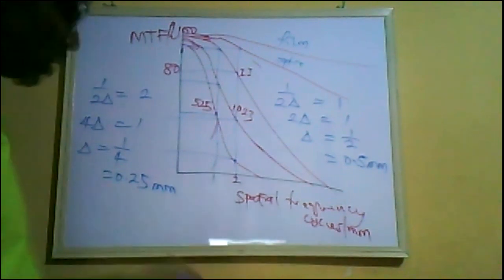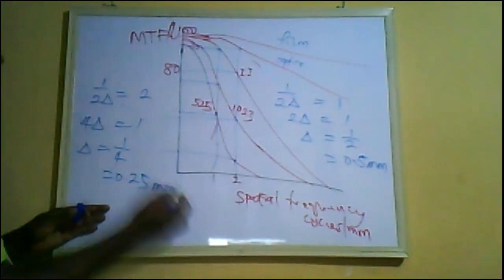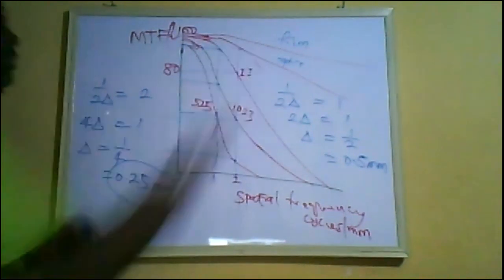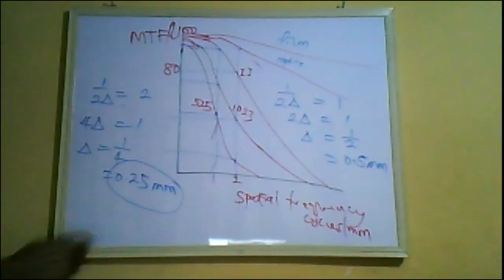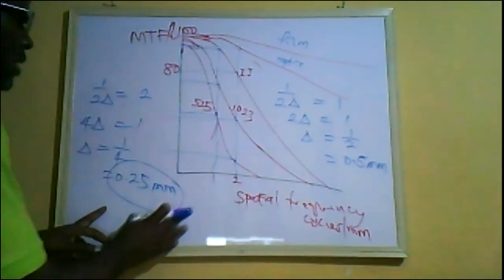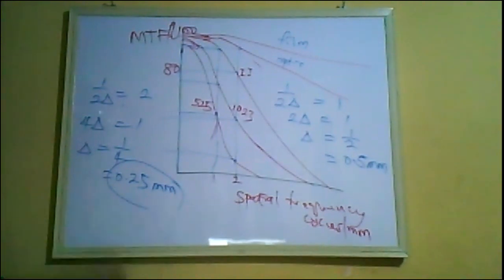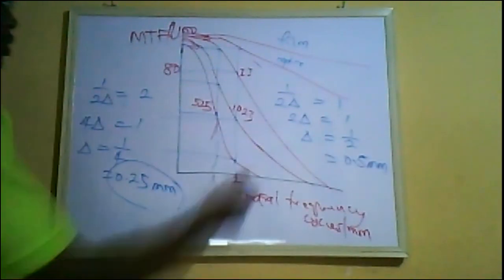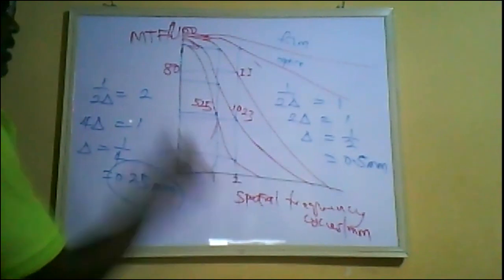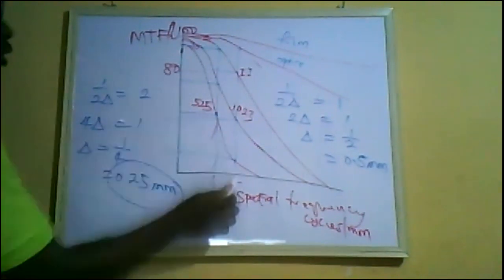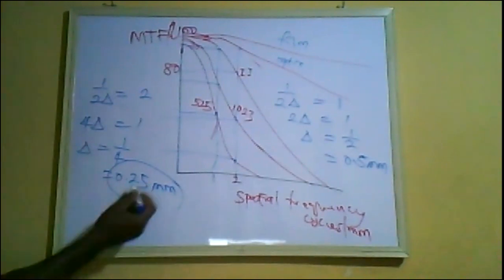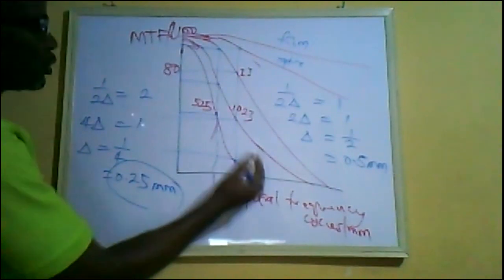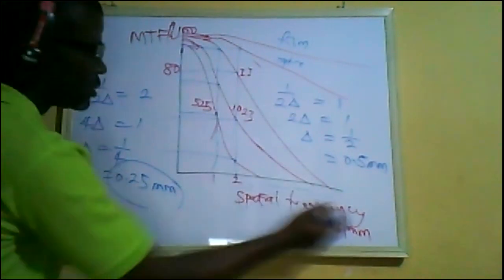But it is somewhat fixed. So for an object at 0.25, the machine shows reduced resolution because this requires much better resolution than the one at 0.5 millimeter. Because of that, we see that as the size of the object diminishes, the spatial resolution continues to decrease. It is decreasing this way.